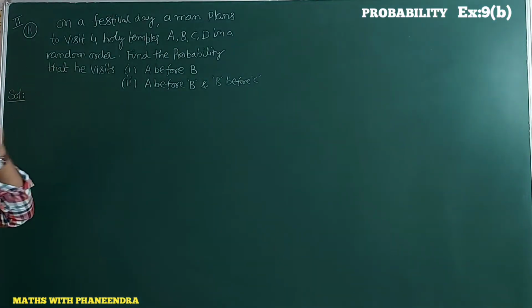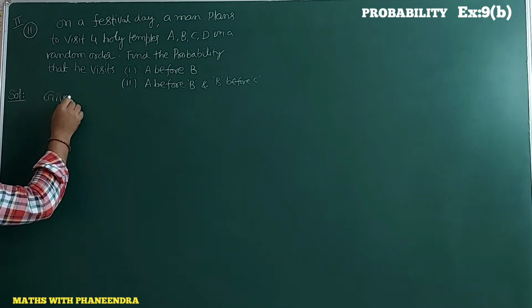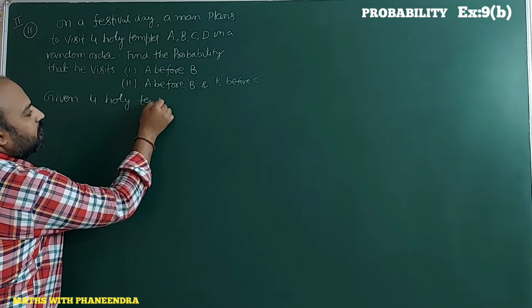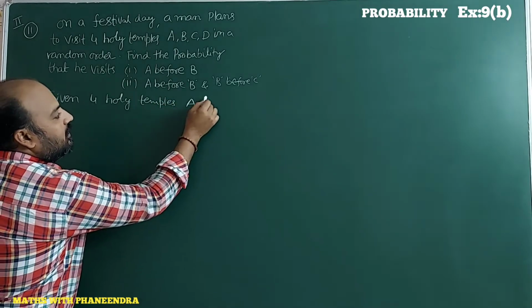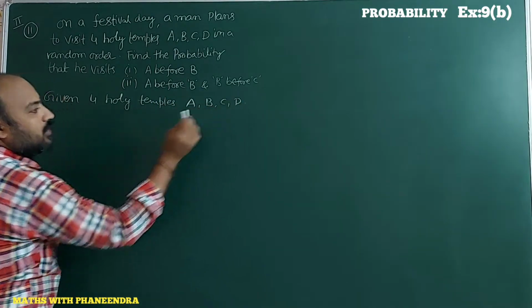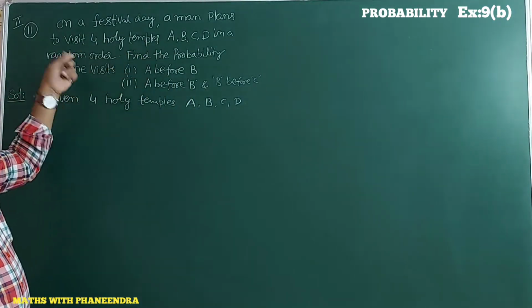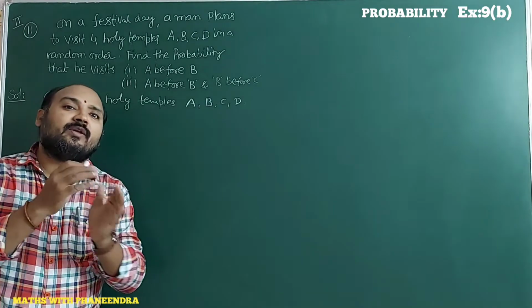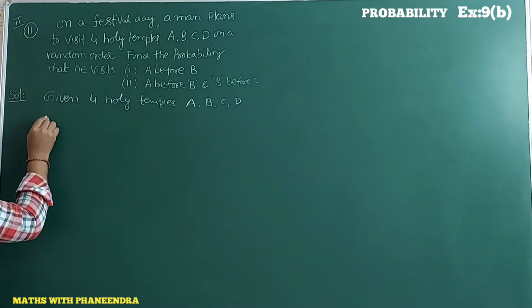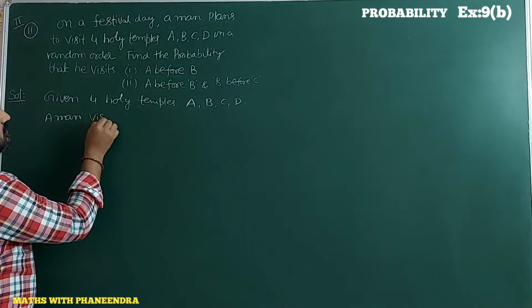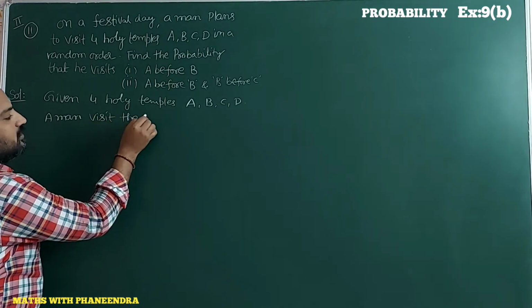So on a festival day, a man planned to visit 4 holy temples. Given 4 holy temples, A, B, C, D. 4 temples are there. So a man plans to visit the 4 temples in how many ways?